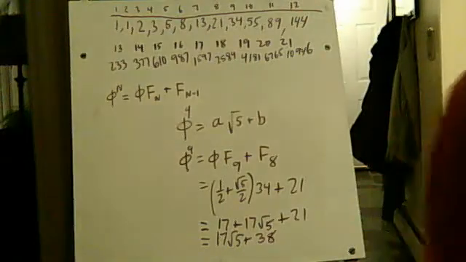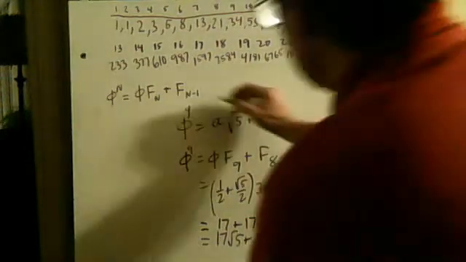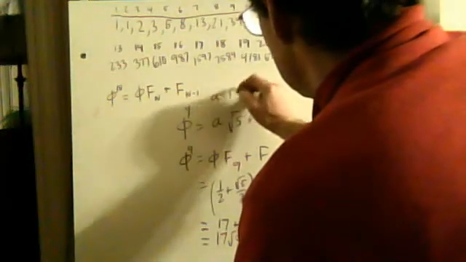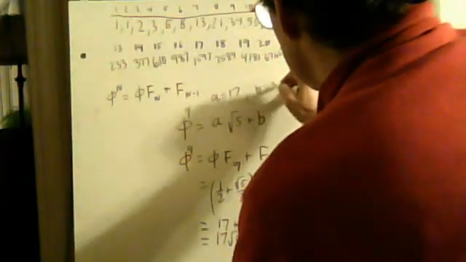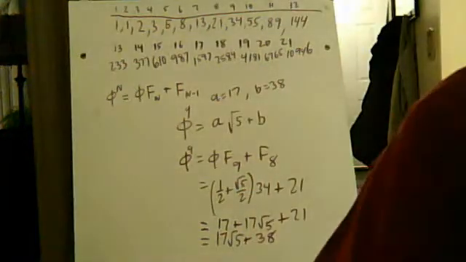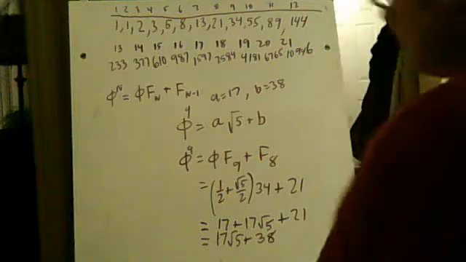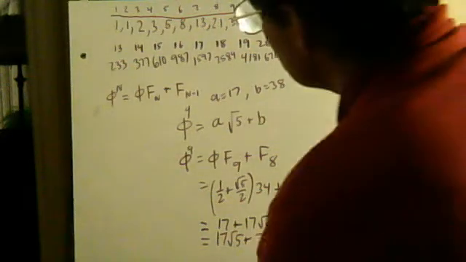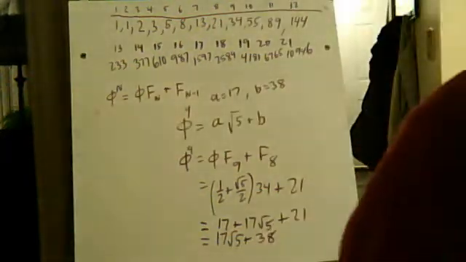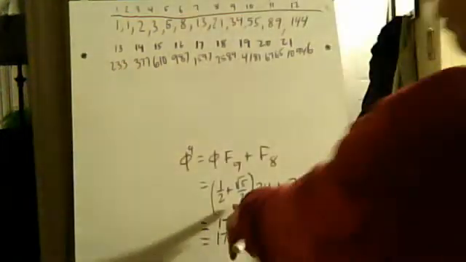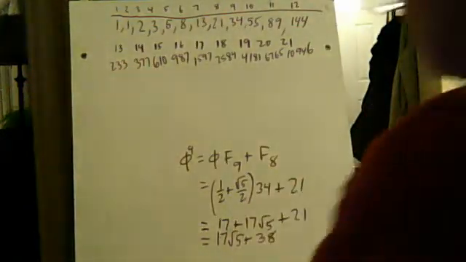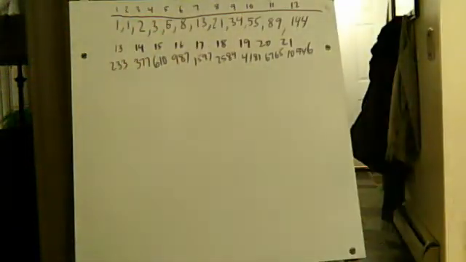So the answer to this is that A is equal to 17, B is equal to 38. Okay, that was pretty hard. And you got to remember that formula. And you also have to remember what the formula is for the golden ratio, 1.618, but you need to know it in terms of the square root of 5.